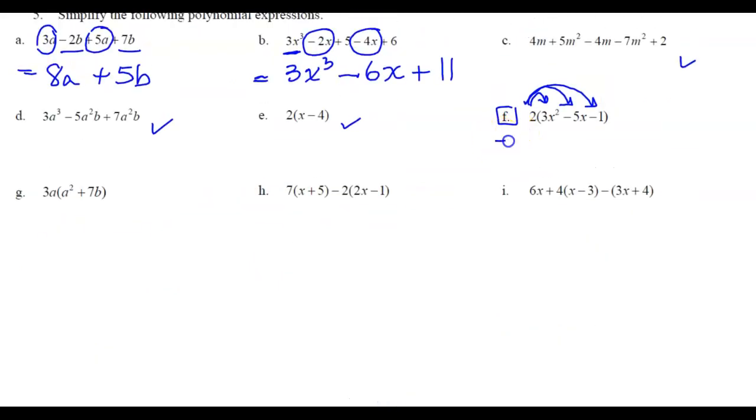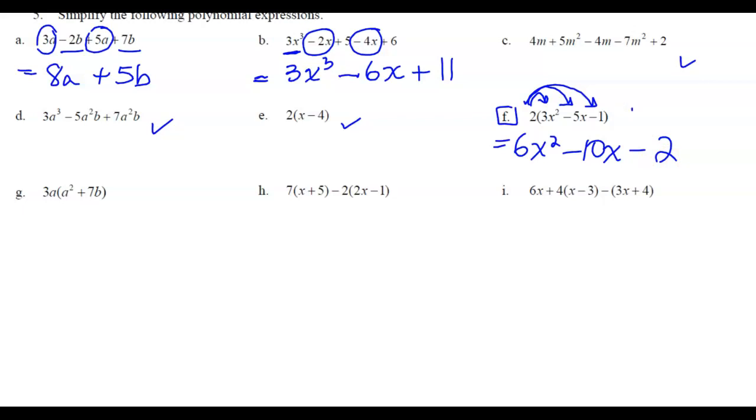You're multiplying, so that's 6x squared minus 10x minus 2. Okay, that's simplifying. Sometimes we say expand and simplify. Next week we'll do factoring, where we go backwards from this to that factored form. But for now, we're expanding and simplifying.